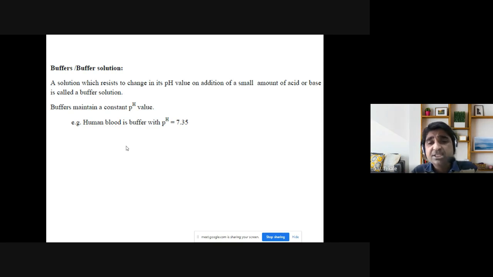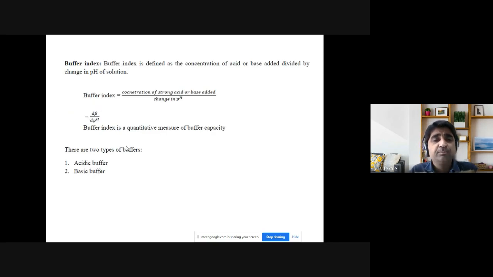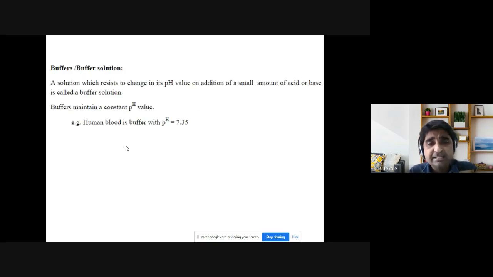See what would be the situation if the pH of this natural buffer, say human blood, were changing from time to time. In normal human activities, we eat a lot of food. That food may be slightly alkaline or acidic in nature.